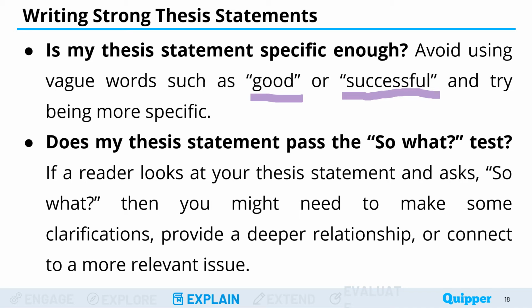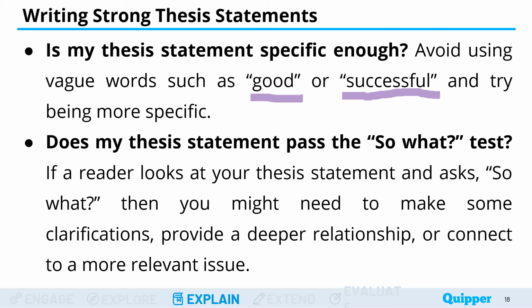Okay? Next one is, does my thesis statement pass the so what test? Because when you read or criticize a paper, you always tend to question it like, so what? What comes next? And so, what will happen?